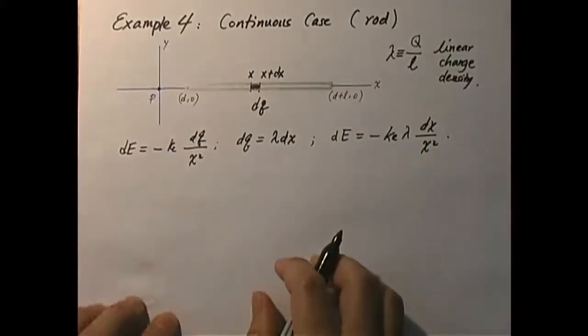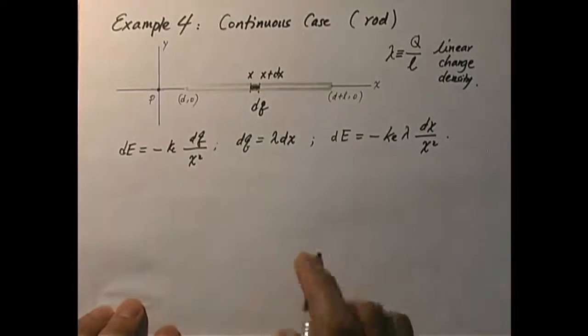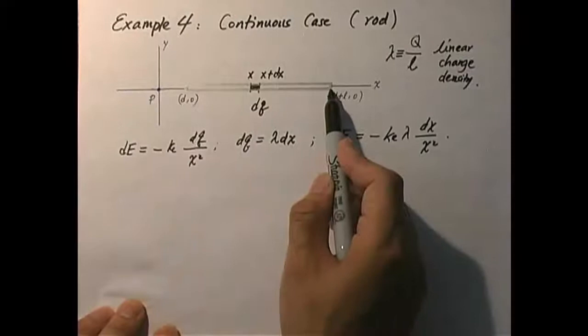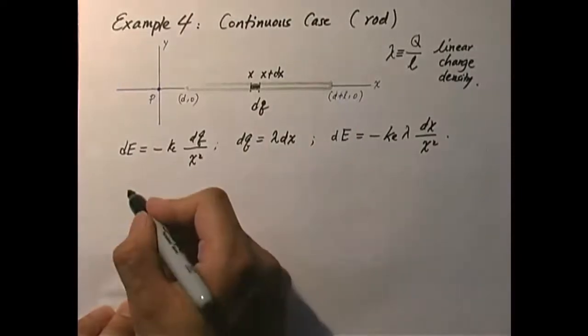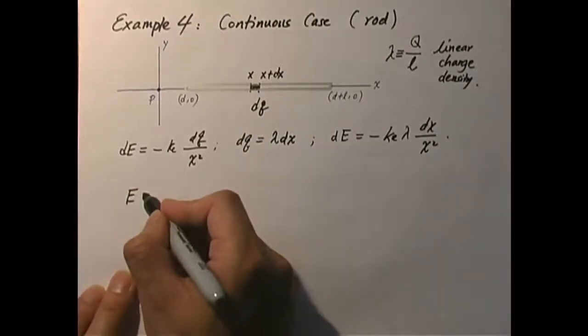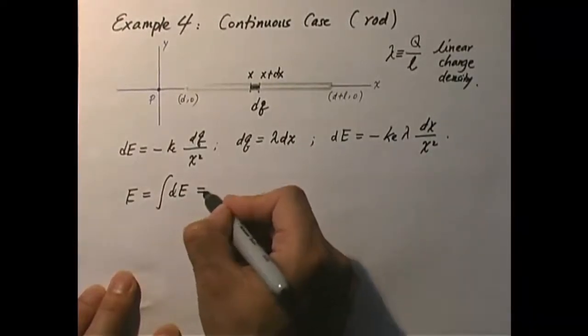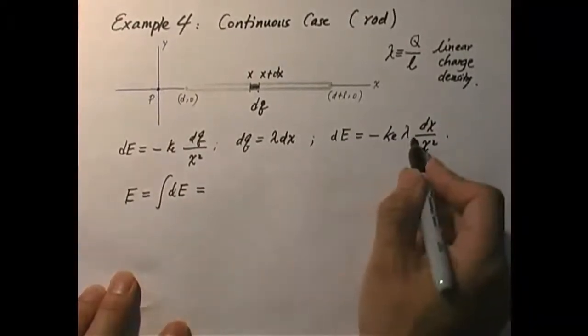We're now ready to integrate over the entire rod, in other words, from x equals d to x equals d plus L. So E equals the integral of dE. Take the common factors out.